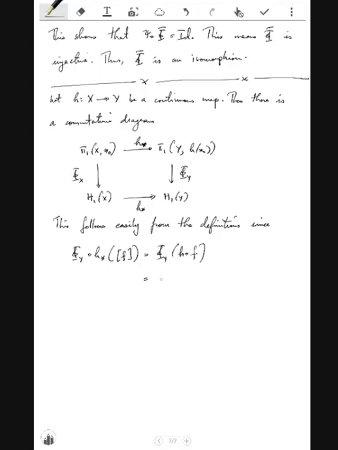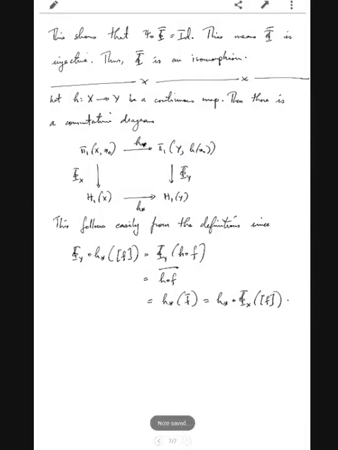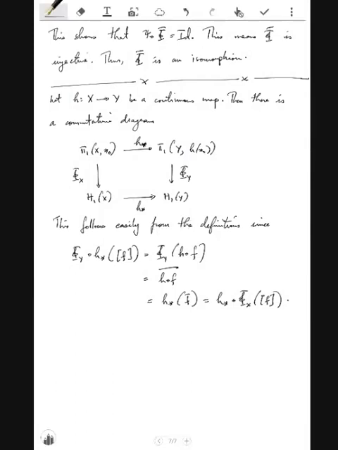This is h composed with f bar, which is exactly equal to h star of phi X of f. So we will end here.